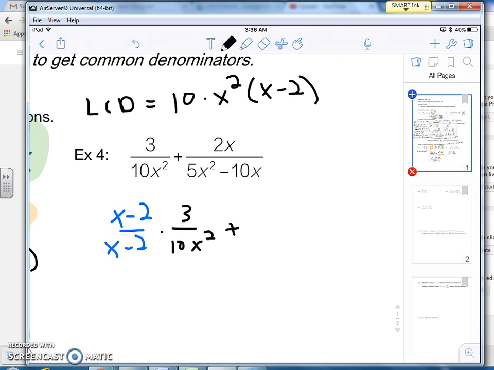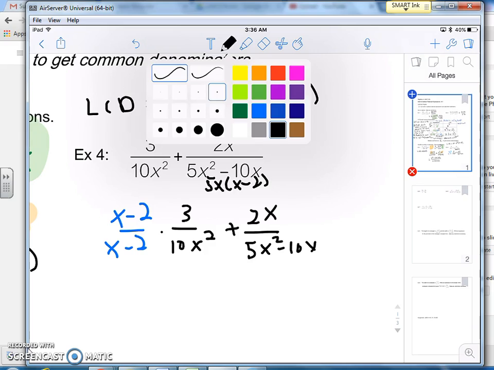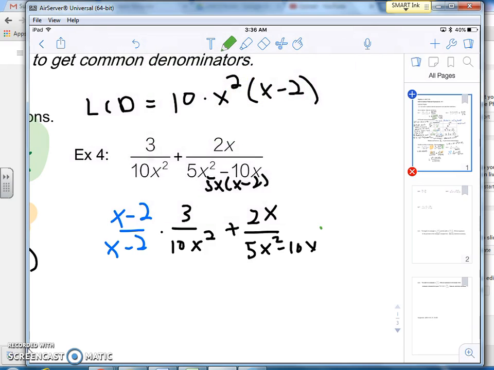The second term, and I erased the factored form, but I hope you remember, I'll rewrite it. It was 5x times x minus 2. So it's just missing a 2 factor. It's missing a 2x, sorry. Missing a 2x. So we're going to multiply top and bottom by 2x.